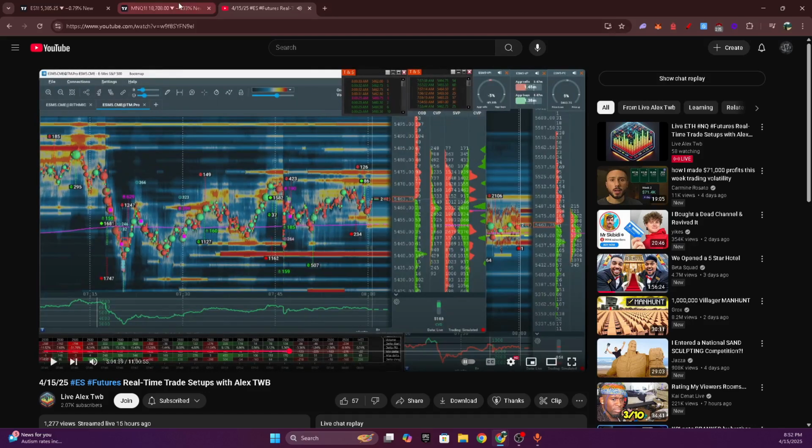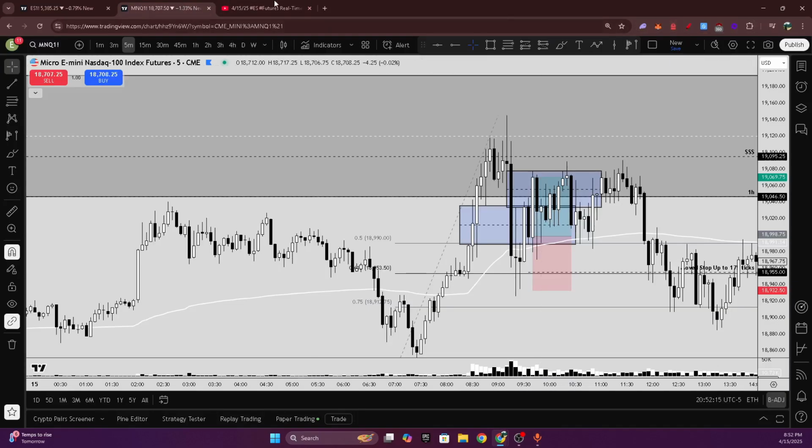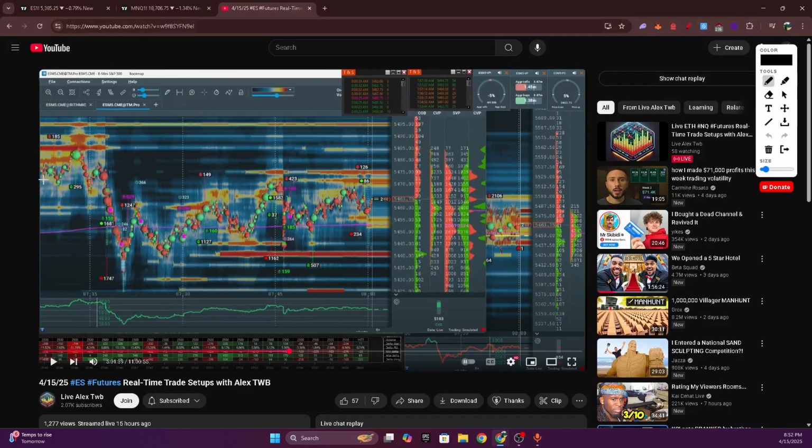And I can explain this as well. Simply by looking on Bookmap and looking back here, take a look at what happened. We came all the way up here, created a large amount of buy orders up there, and then started going down. And from this down move, we actually broke Bookmap structure towards the downside, right?